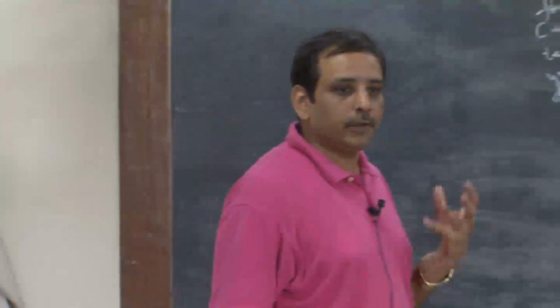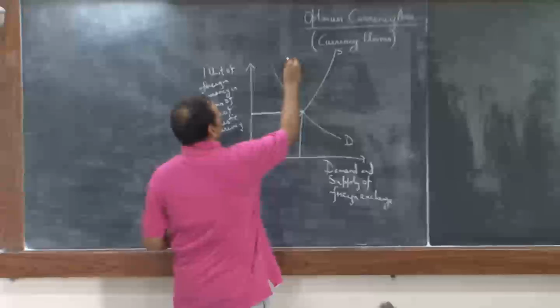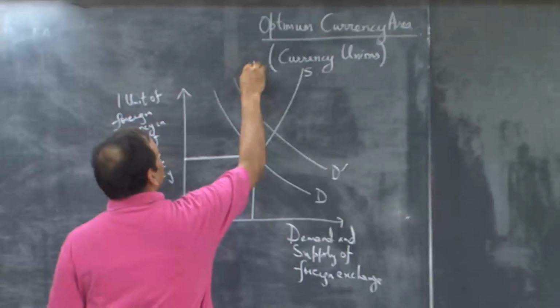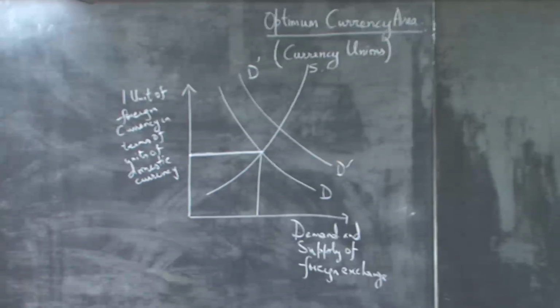You do not have monetary independence in case of a fixed exchange rate. So then, if you do not have monetary independence, what do you do about the changes in the demands which take place in the economy?